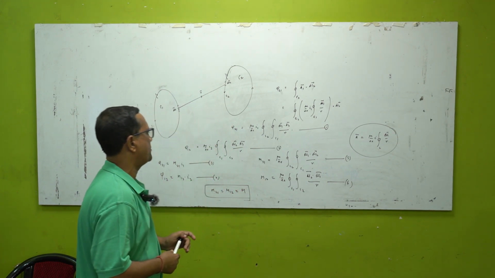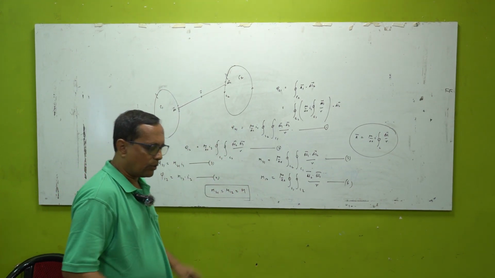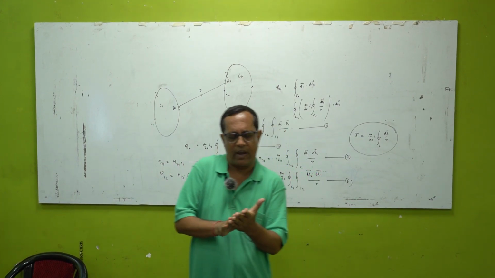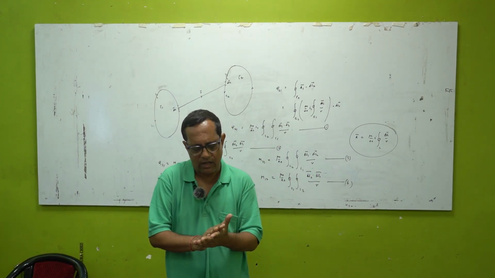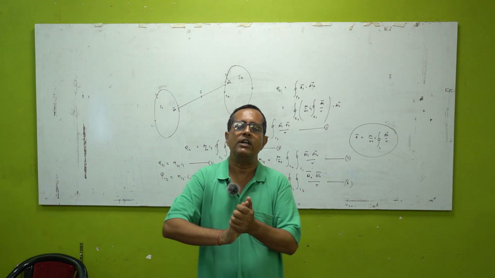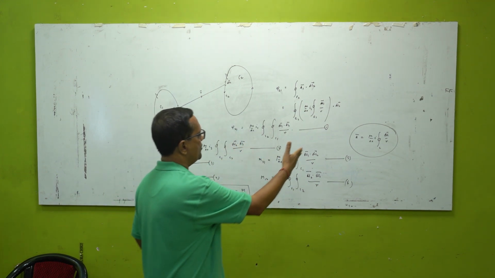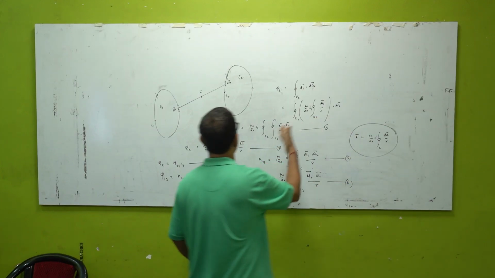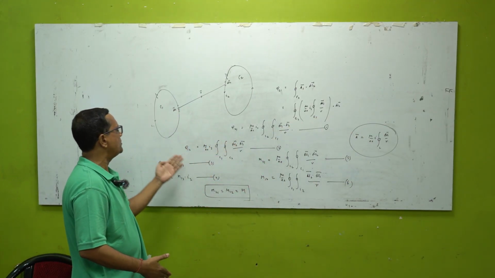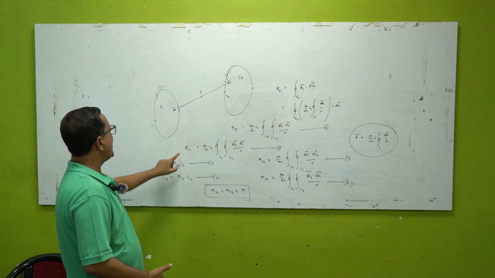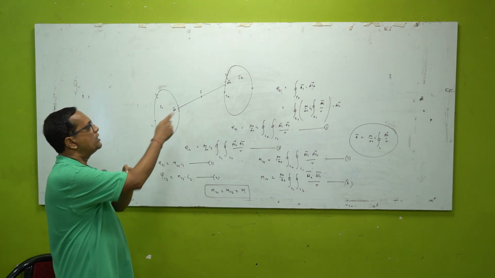This is the reciprocity theorem. So you see that we use the basic definition of magnetic flux in terms of magnetic induction, and we convert it in terms of the magnetic vector potential. By using the basic formulation of the vector potential, we get phi 21 and similarly phi 12. Phi 21 is the flux linked in C2 due to C1, phi 12 is the flux linked in C1 due to C2.